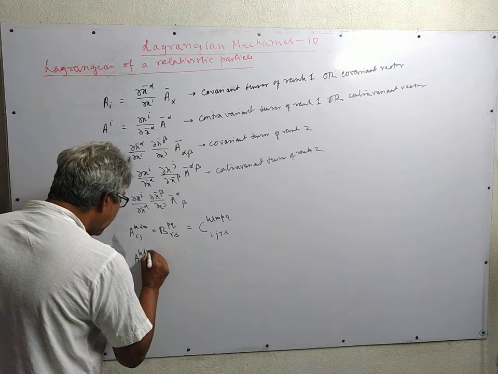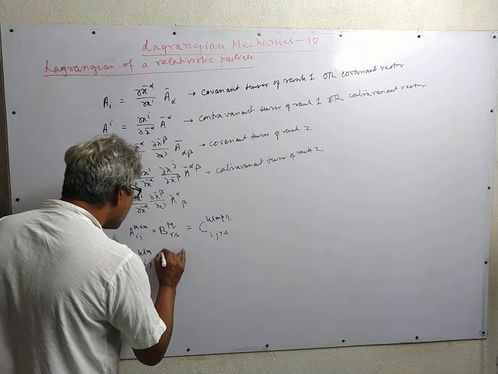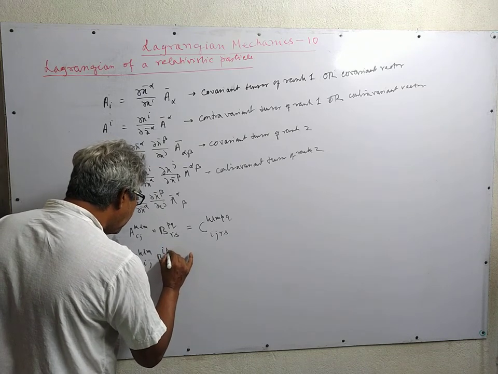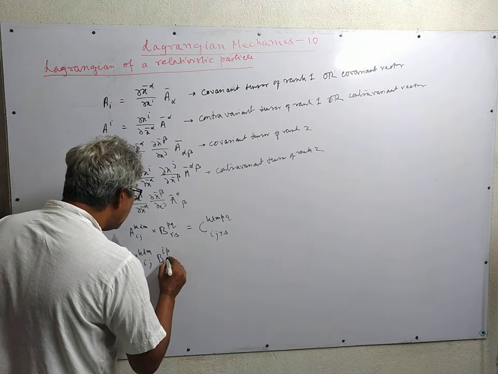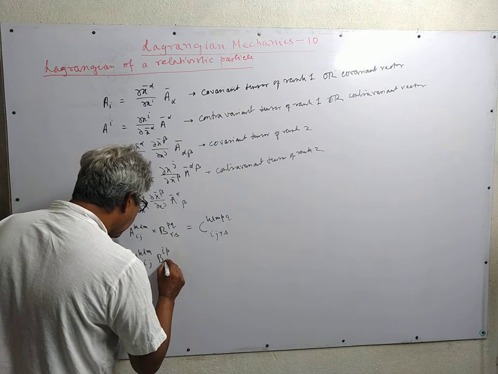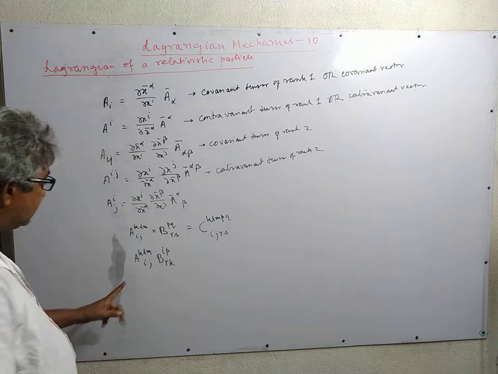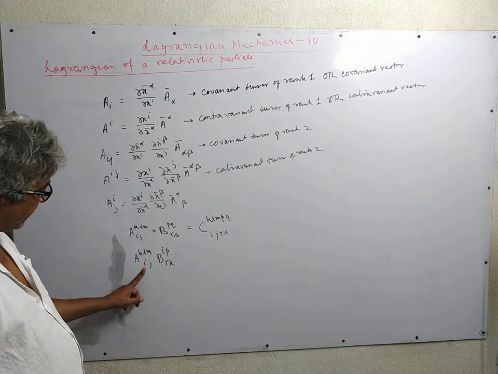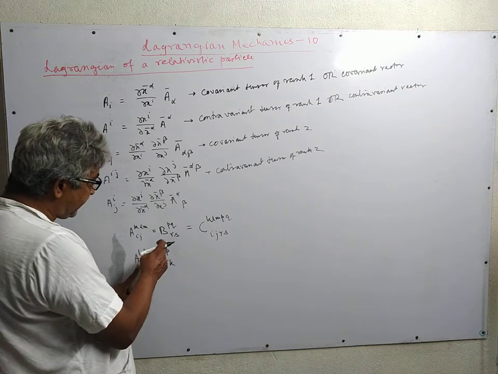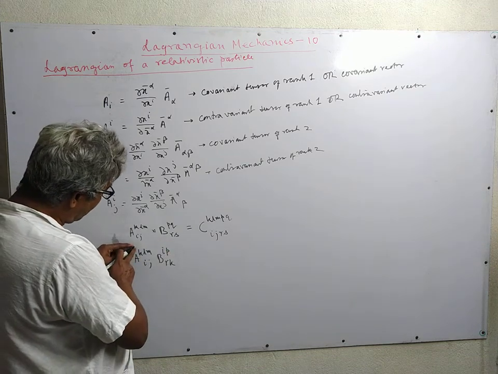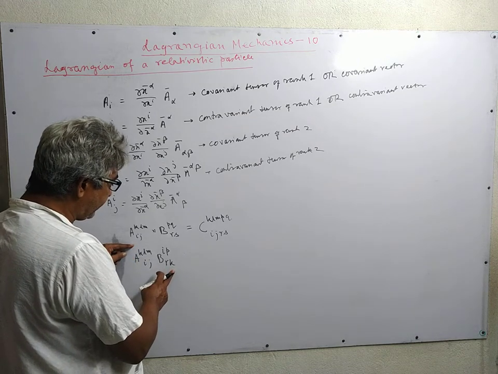I define A^KLM_IJ, and this B tensor is B^IP_RK. Then the covariant rank of the A tensor matches with the contravariant rank of the B tensor, and the contravariant rank of the A tensor matches with the covariant rank of the B tensor.